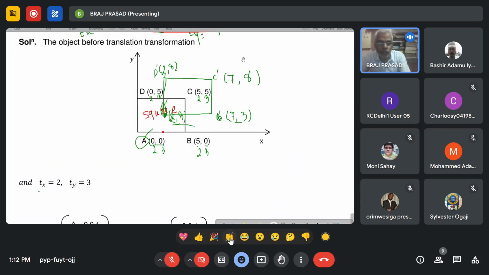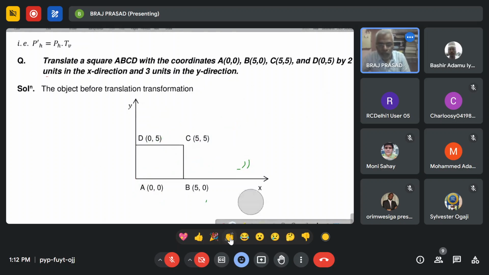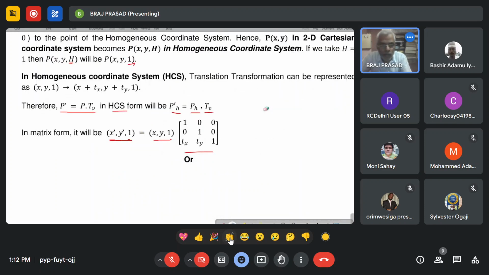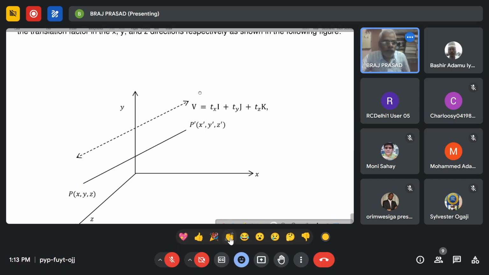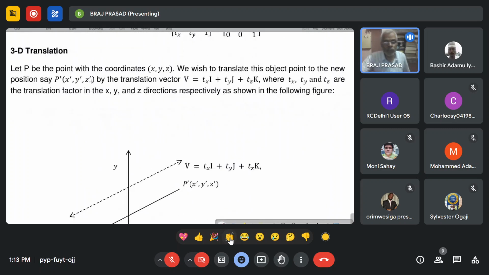Now we come to 3D. In 3D we will use three directions, and those directions are x, y, z.